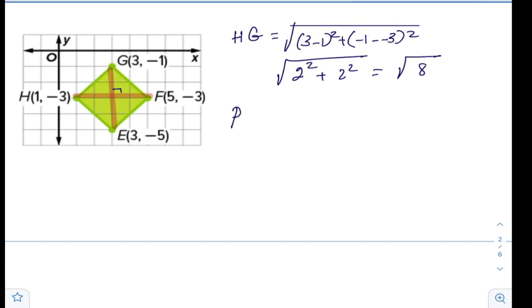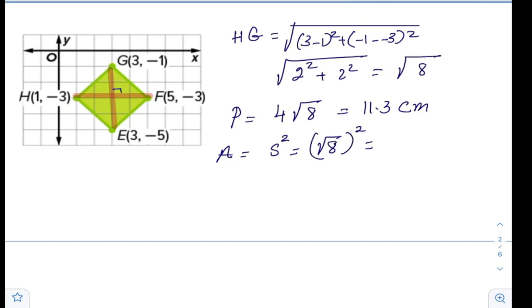So the perimeter is 4 times the radical 8. You can also convert it to decimal, which is 11.3 centimeters. The area is the side length square, means square root of 8 all square, which is 8, and it is centimeter square. Great, easy.